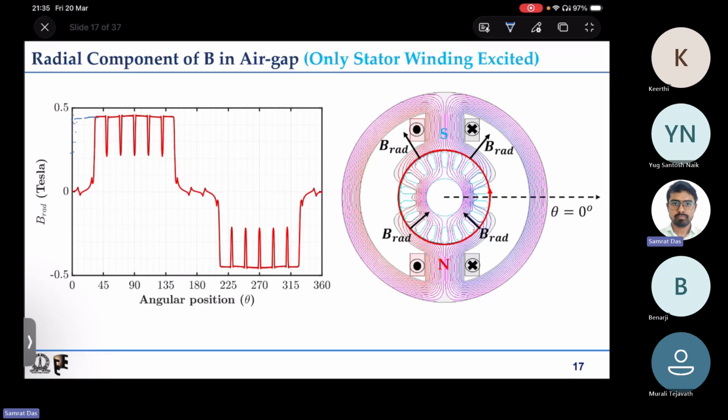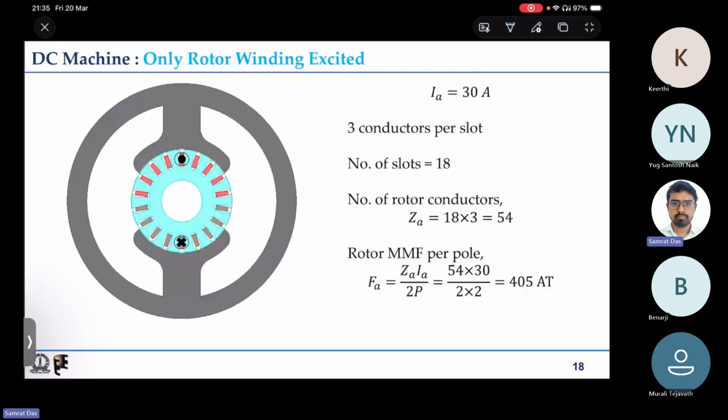If I divide it into 5 portions, this is certainly higher than 0.4. So maybe 0.43 Tesla is the flux density peak, or this flat region flux density is about 0.43 Tesla, what we can see from this figure roughly.